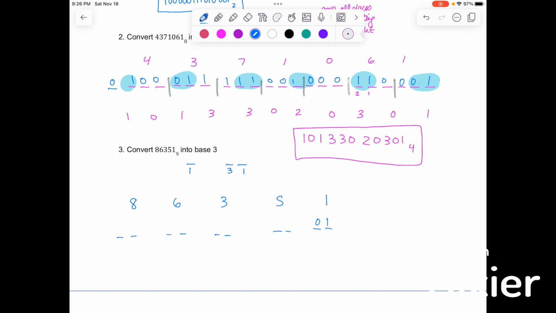So I'm going to have a 3 and 2 1s, 1 3 and nothing. I'm going to have 2 3s and nothing, and then 2 3s to give me 6 plus 2 1s. So my answer will be 2 2 2 0 1 0 1 2 0 1.